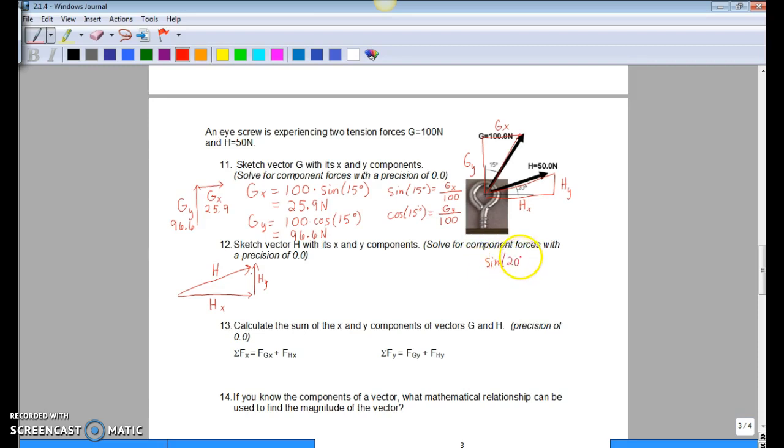So again, with this one I'm going to do sine of 20 degrees, which takes our opposite, which is h of x, over the hypotenuse, which is the magnitude 50. And cosine takes our adjacent side h of y over hypotenuse 50.